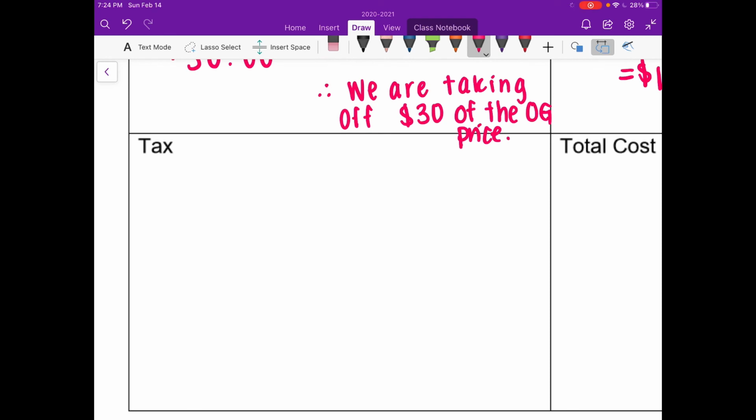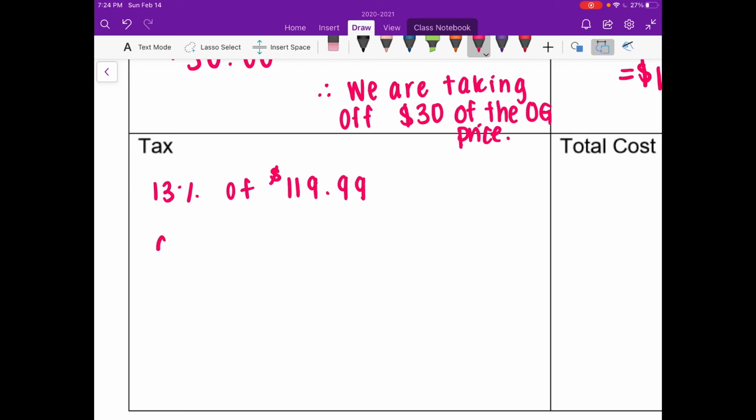So there's two ways to do tax. Let me show you the longer method and then I'll show you the shorter method as well. Both of them are correct. Okay, so tax is 13% of a number, right? So when we pay tax, we pay 13% on top of the cost that it already cost. So if you're trying to find 13% of $119.99, which is the cost of our jacket, right?